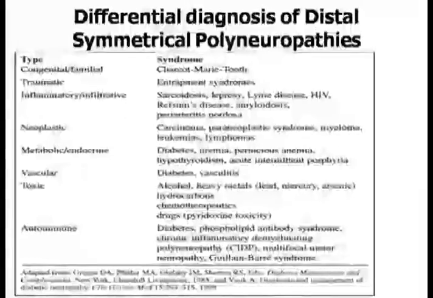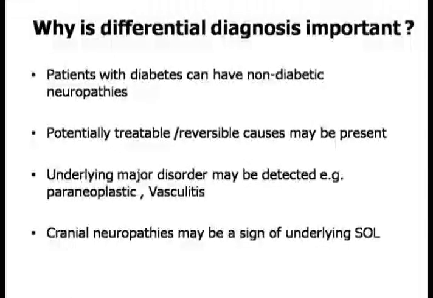I'm not going to elaborate on each and every aspect of this differential diagnosis, but rather I'll concentrate on 3 different clinical cases and try to explain why it is important to look at certain points when you do a differential diagnosis. And why is the differential diagnosis important? Because these patients may have another cause of neuropathy which is potentially treatable or reversible, like a nutritional deficiency or hypothyroidism.